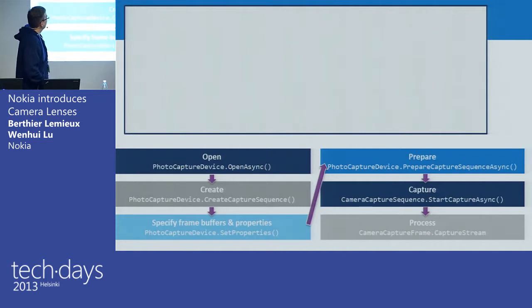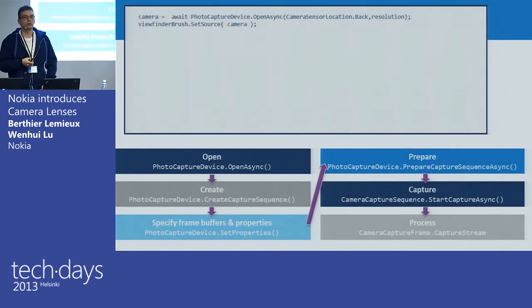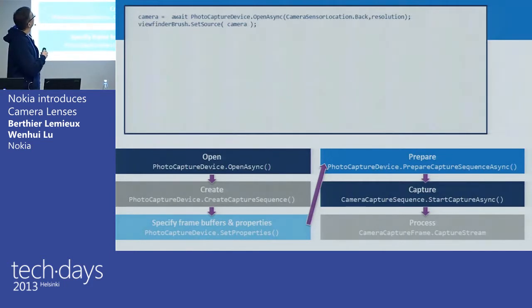The photo capture device is relatively complicated to get started with. But let's look at the normal steps you're going to go through to capture an image. We already did the first part, the opening, in the code sample that I showed. So we just do an open async in there. Then we need to create a sequence.